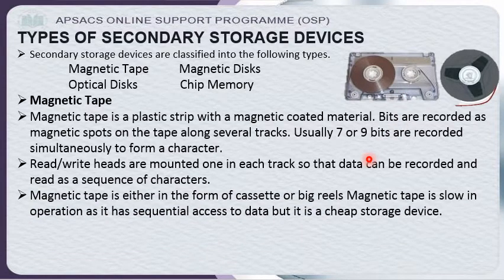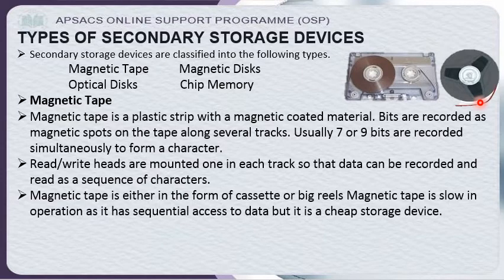Magnetic tapes come in either of two forms, cassette or big reel. I've shown you here a cassette, maybe an audio cassette or video cassette, or maybe they will be available in a big reel type.